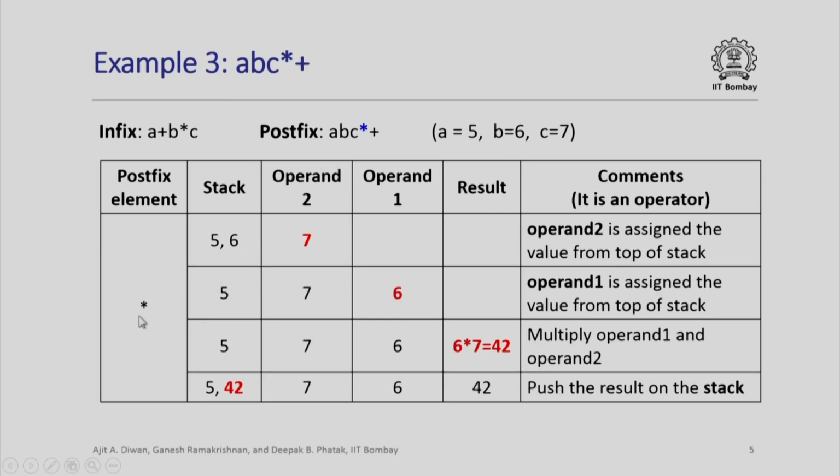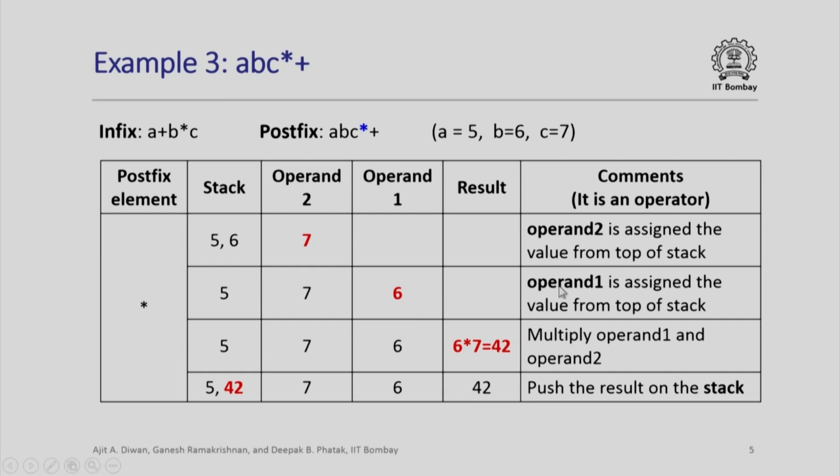Let us see what happens when we look at the subsequent characters. The next character we look at is star. Now, star is an operator. By our logic, whenever we encounter an operator, we have to take the top 2 operands from the stack. Currently, the stack contains 3 values, values of A, B and C. Out of these, we will take the top value, which is 7, assign it to operand 2, then we will take the value 6 and put it in operand 1.